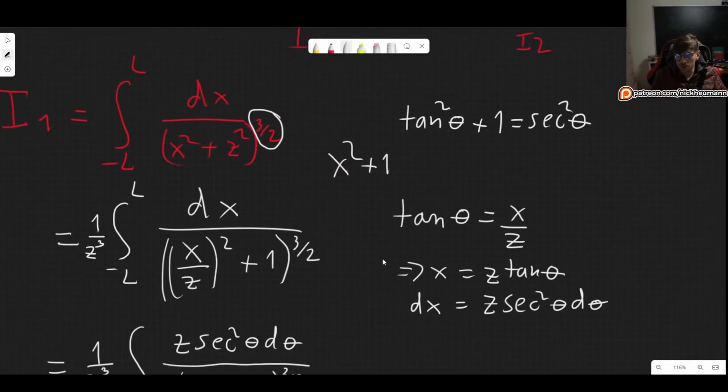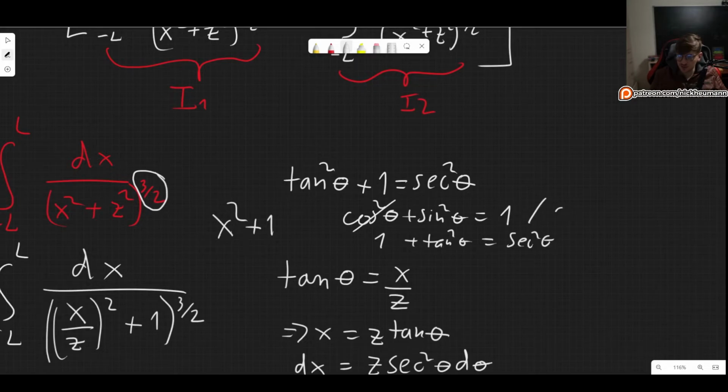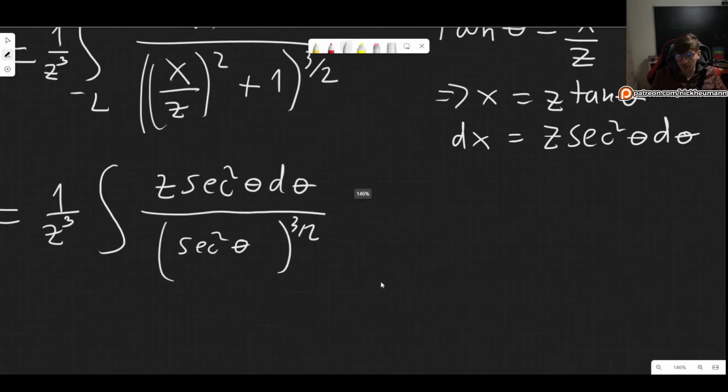In case you don't recall, this simply comes from the fact that cosine squared of theta plus sine squared of theta is equal to 1. And if you divide this by cosine squared, this is 1, this is tangent squared of theta, and this is 1 over cosine squared, which is secant squared. So that's where it comes from. Okay, just in case you didn't remember that.